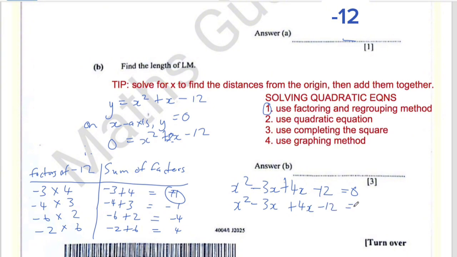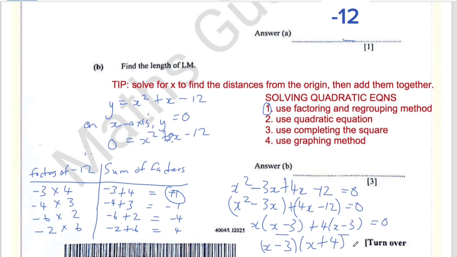We can see here that the first two terms, x squared and the minus 3x, have some common factor between them, which is x. Then we factor out the x and remain with x minus 3. For 4x minus 12, the common factor is 4. Then we remain in the brackets with x minus 3, both equal to 0. Then we're going to take the common factor in both brackets, write it first, x minus 3, and then add the remaining factors, x plus 4 equals 0.